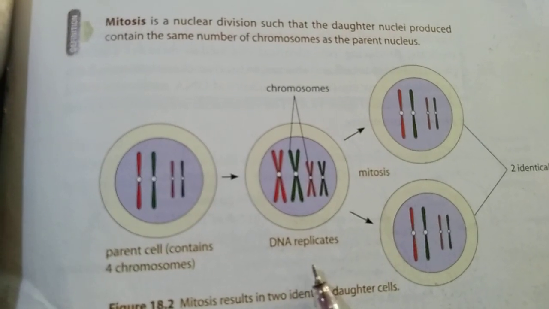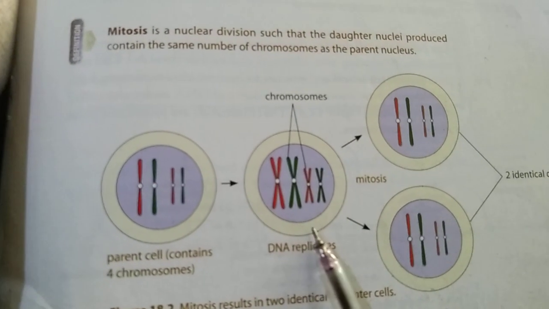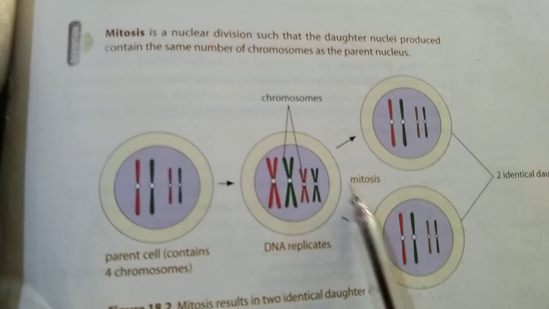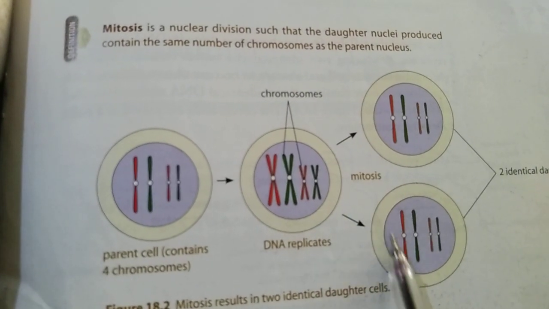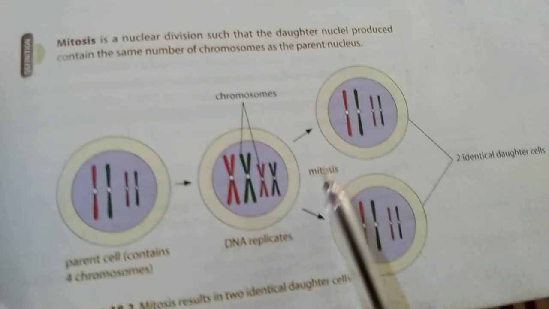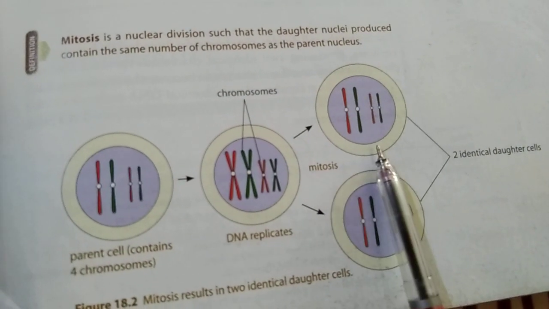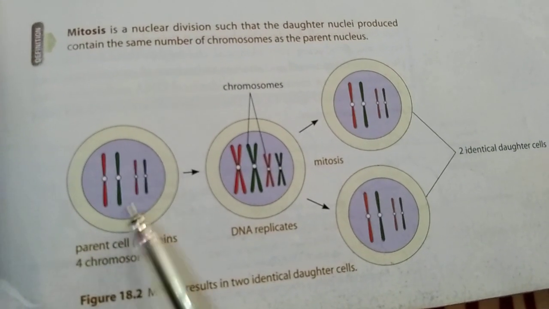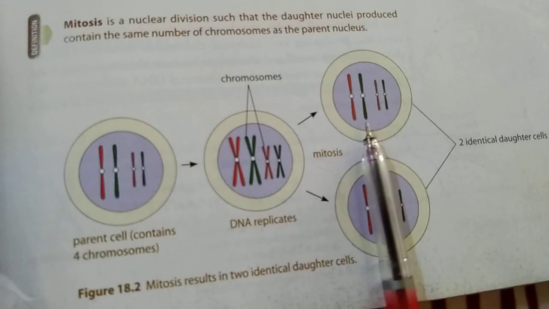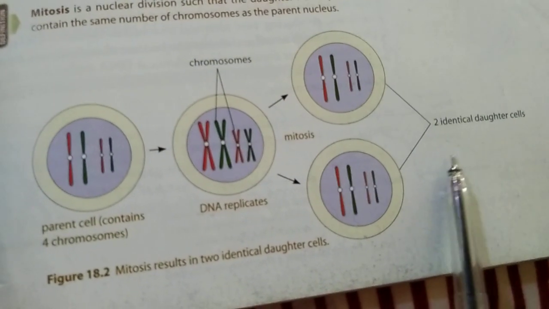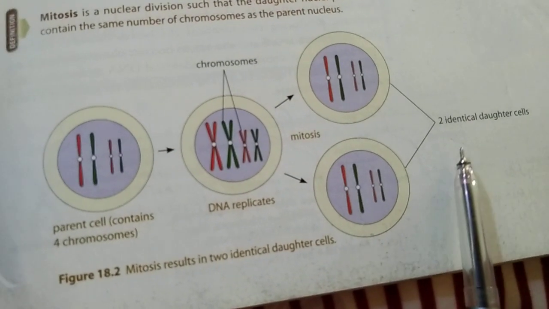DNA replicates, which means DNA duplicates. The mitosis process starts here, and we look at two daughter nuclei. Two daughter cells are produced, which have the same number of chromosomes as the parent cells: 1, 2, 3, 4; 1, 2, 3, 4. Two identical daughter cells are generated here.